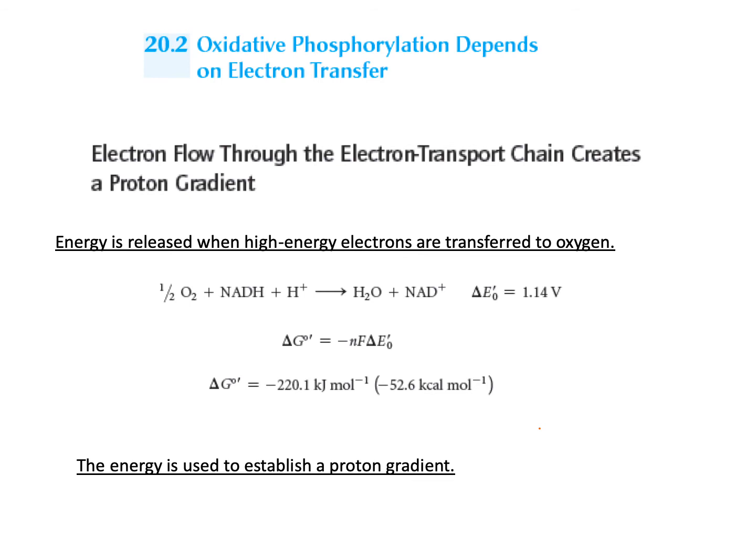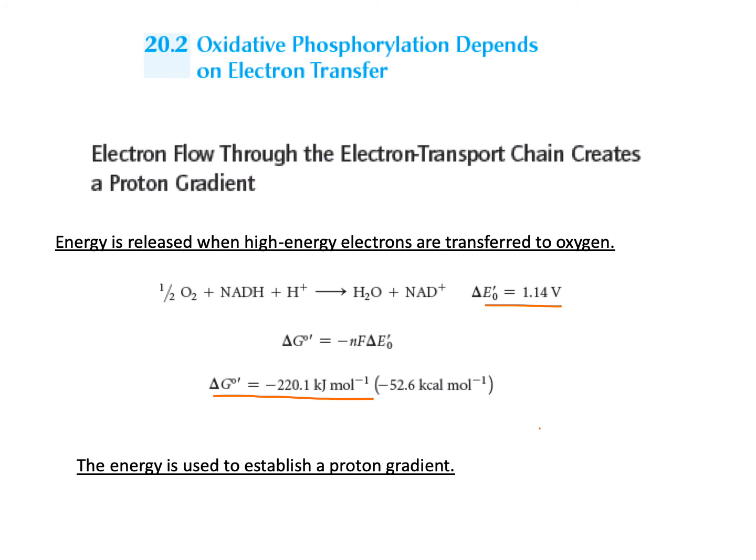Energy is released when high-energy electrons are transferred to oxygen. Let's look at the reaction. When NADH donates electrons to oxygen and reduces oxygen to water, that reaction has a delta E0 of 1.14 V, and the free energy, delta G, is calculated as minus 220 kilojoules per mole.